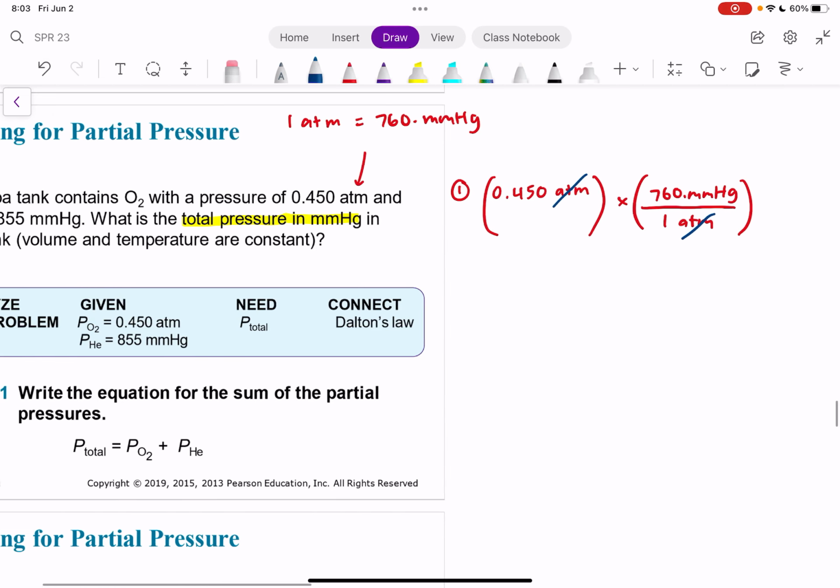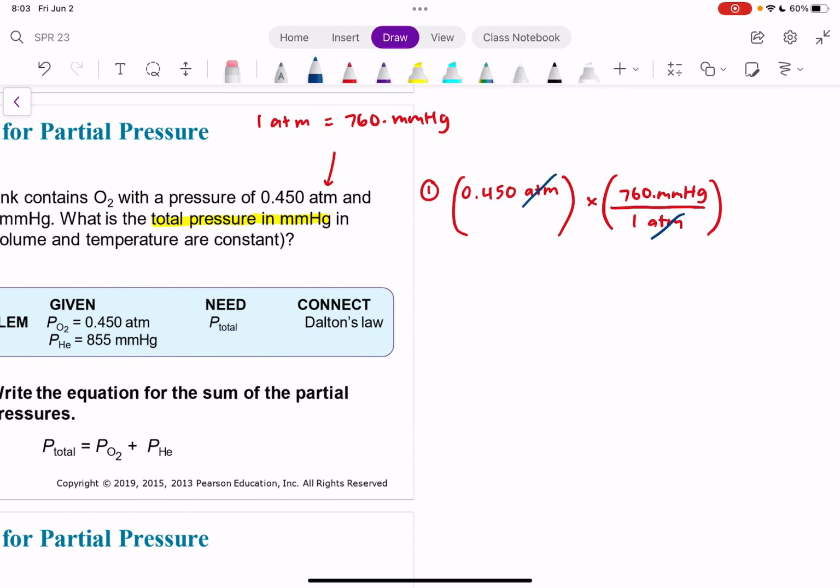And we're left with millimeters of mercury. So the partial pressure of oxygen is 0.450 times 760, which is 342 millimeters mercury. I'm going to leave the 3 sig figs.